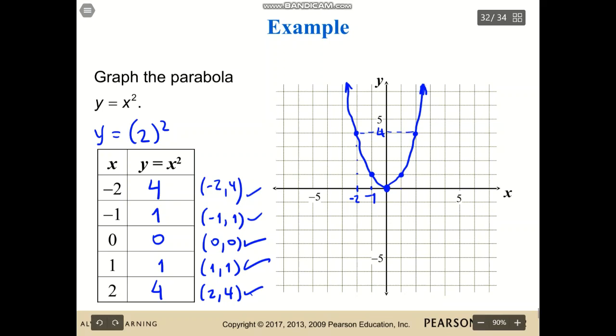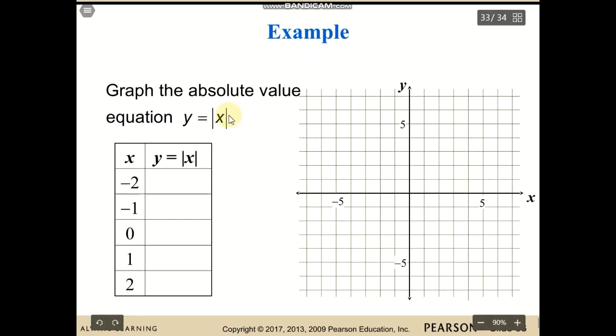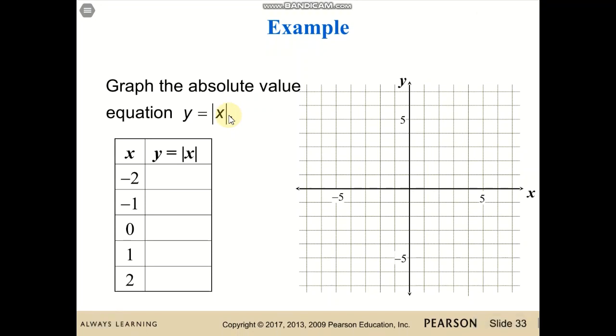Great. Next one, another nonlinear equation that we will graph. Now is absolute value. Y equals absolute value of x. If x equals -2, absolute value of -2 is 2. X equals -1, absolute value of -1 is 1. Absolute value of 0 is 0. 1 absolute value is 1, and 2 absolute value is 2.